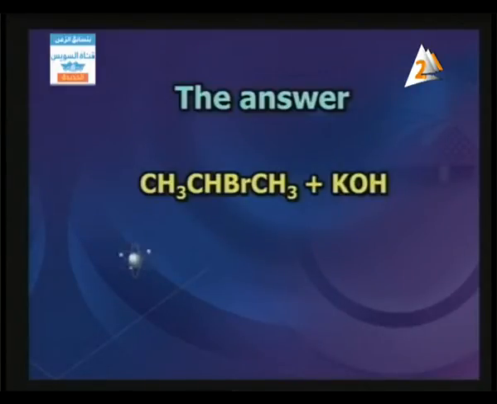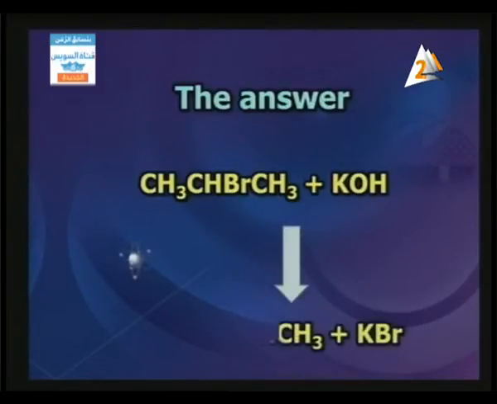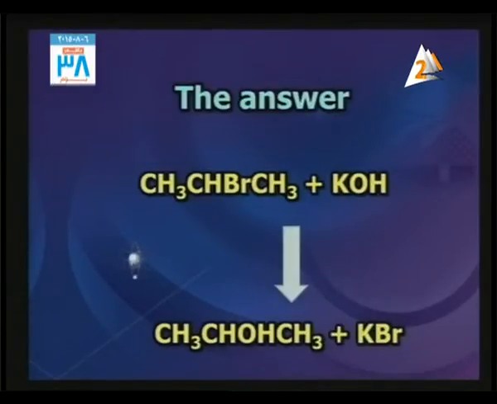It is the first part of this answer, plus KOH. After that, here we have CH3, CHOH, CH3, and we have KBr. From the first one, we get the second compound in the presence of heat energy, and this is an aqueous solution.